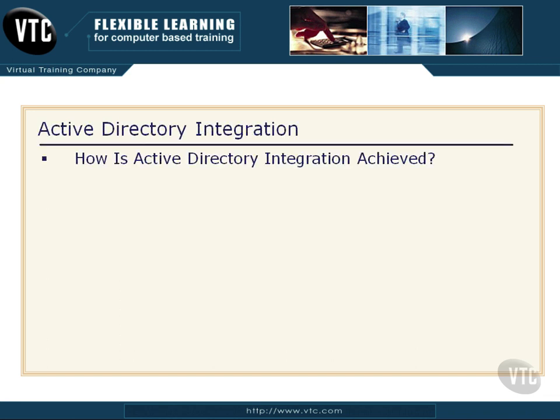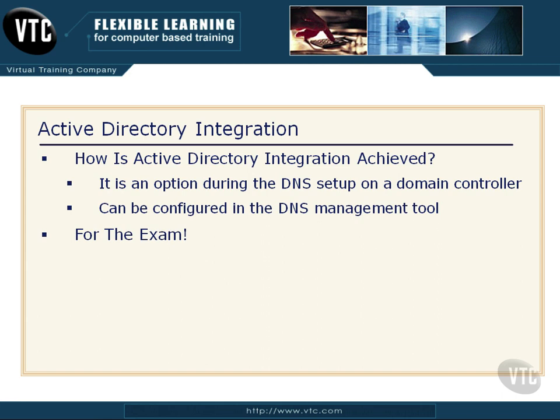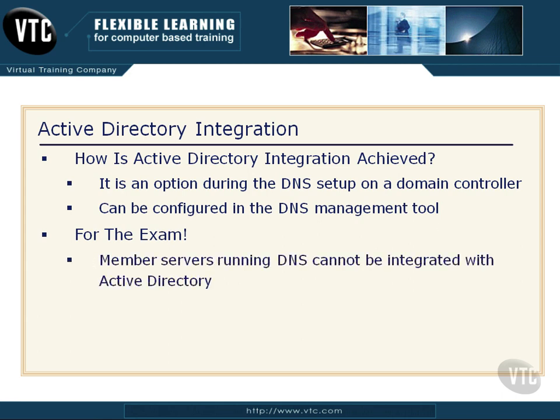Now, how is this integration achieved? Well, when you're setting up DNS and you're on a domain controller in Active Directory, it will ask you, do you want to integrate this with Active Directory? Or you can configure it in the DNS management tool, and I'll show you that in just a second here. Now, for the exam, I want you to be careful here. Member servers running DNS cannot be integrated with Active Directory.